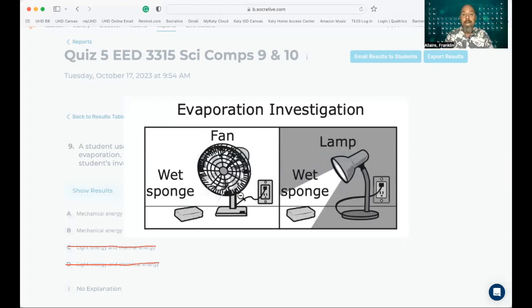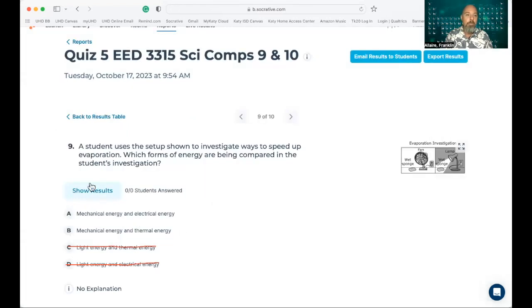In the case of the fan, the electrical energy from the outlet is being transformed into mechanical energy, which is the movement of that fan to blow air on the sponge. In the case of the lamp, that electrical energy is being transformed into thermal energy.